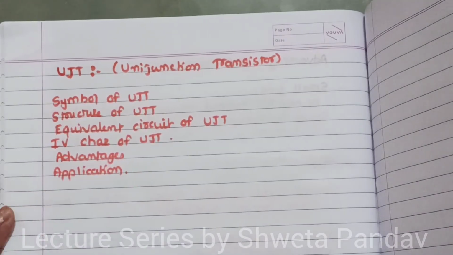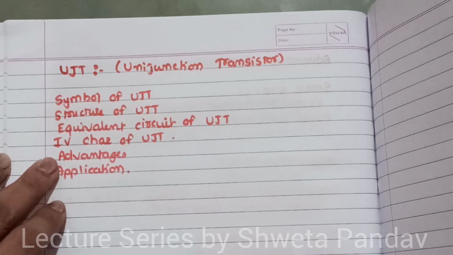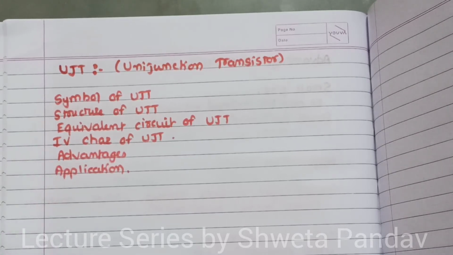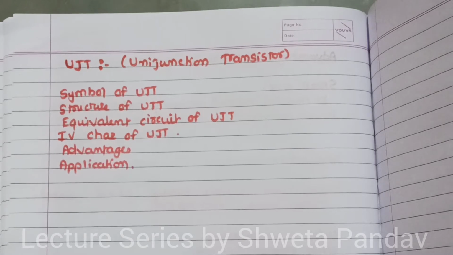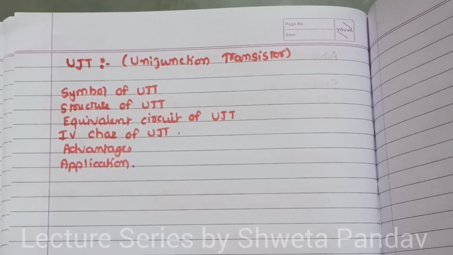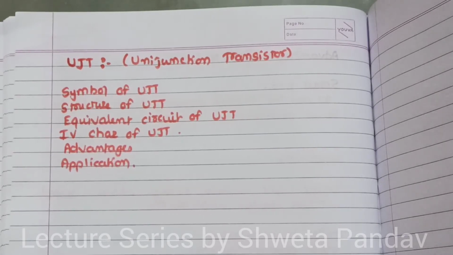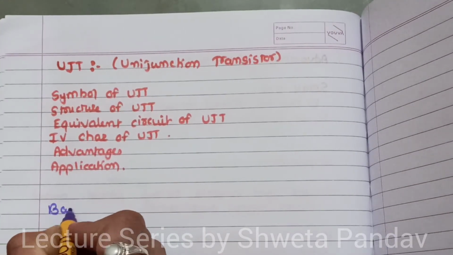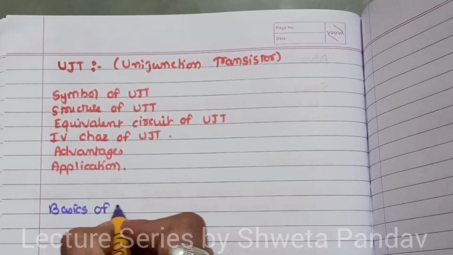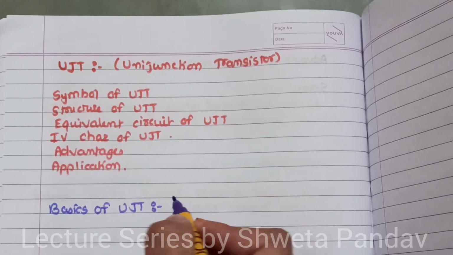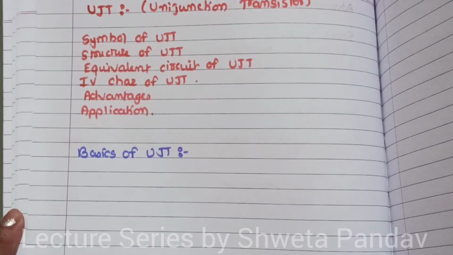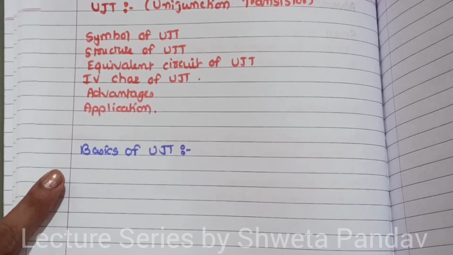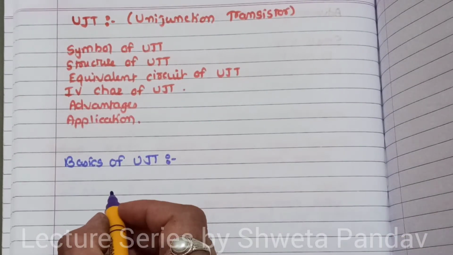Now let us start with the basics of UJT. UJT is a triggering device which is used to trigger or turn on the SCR.